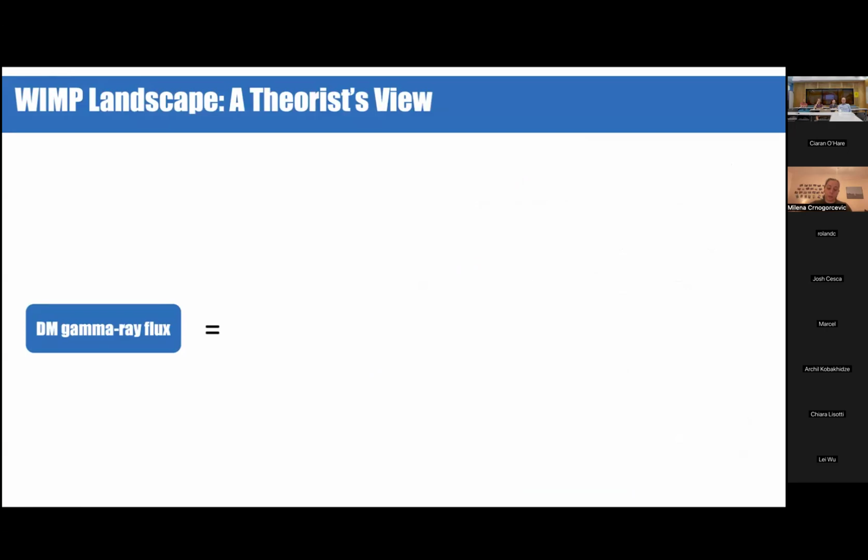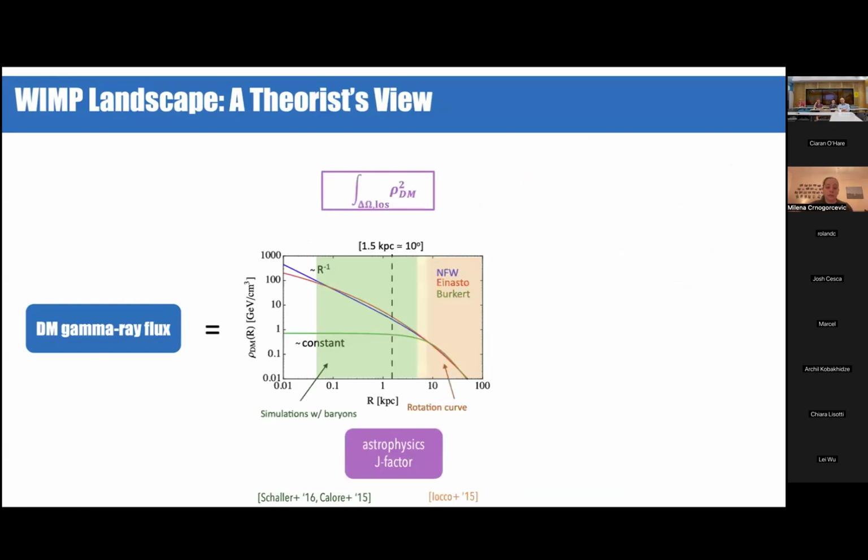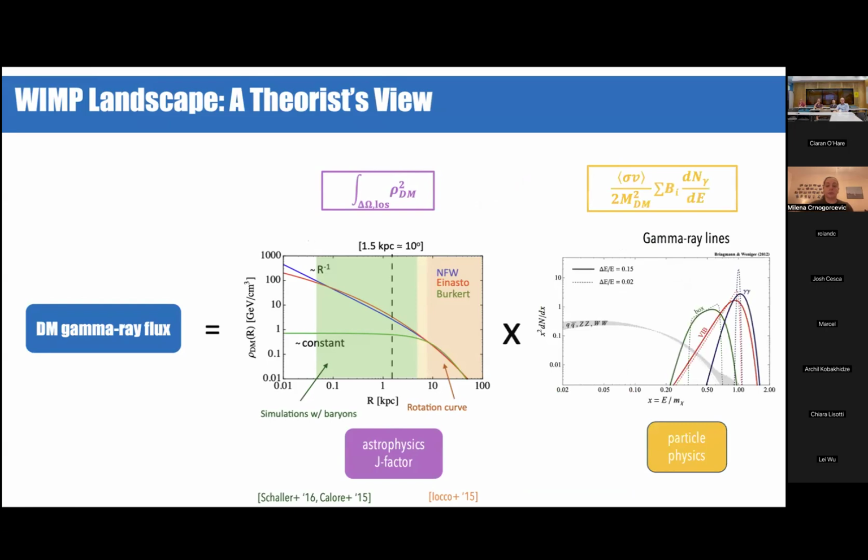Let's now talk about WIMPs as a primary dark matter target for Fermi. So as you all know, the dark matter gamma ray flux from WIMPs is a very attractive way to search for dark matter, and that is because the contributions from the astrophysical properties of the astrophysical objects and the contributions from the particle physics are very nicely separated.